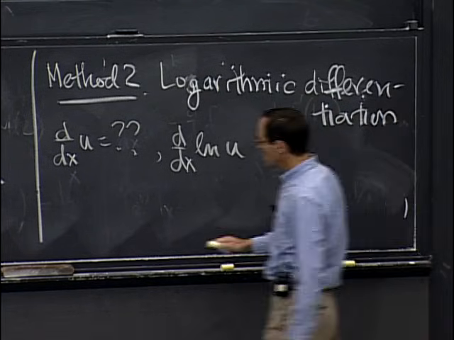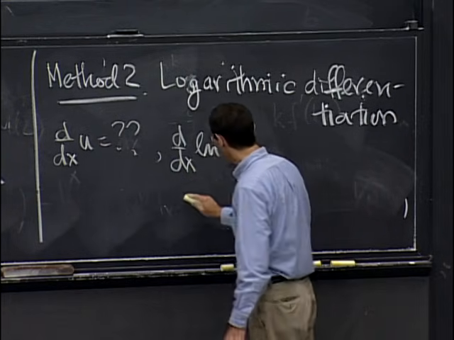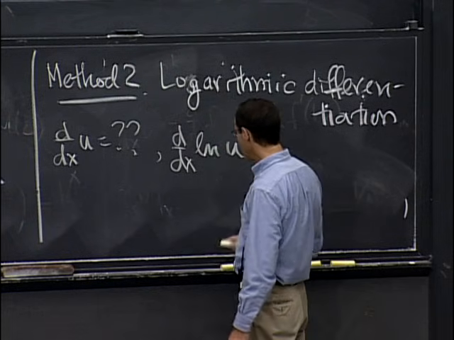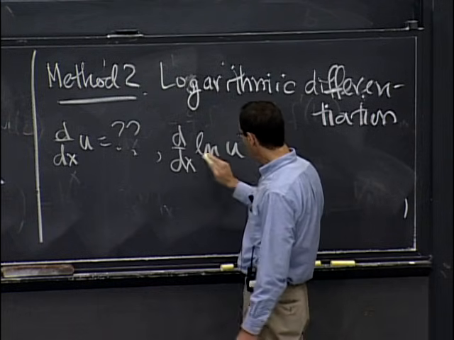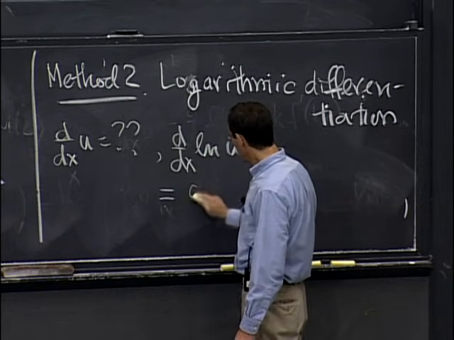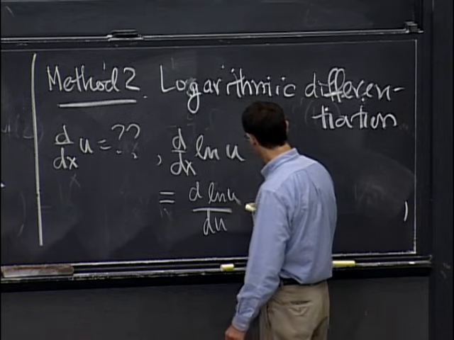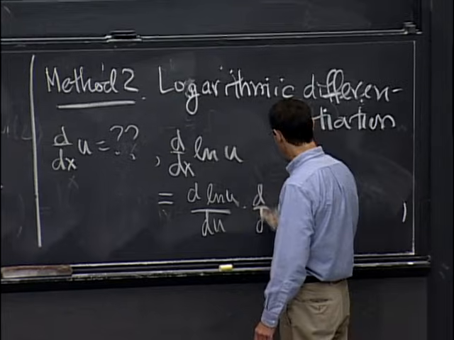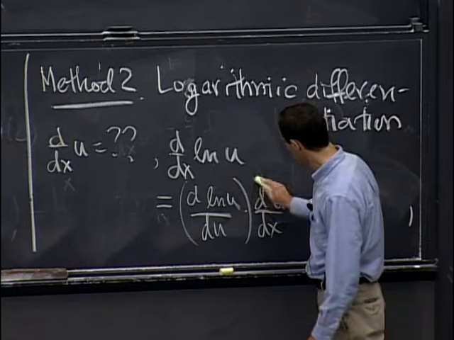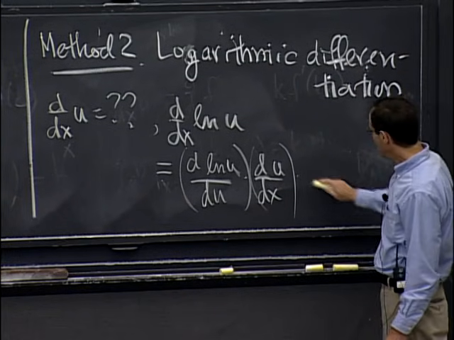So I'm going to write it a slightly different way. So let's write it in terms of primes here. So the basic identity is the chain rule again, and the derivative of the logarithm, well, maybe I'll write it out this way first. So this would be d of log u du times d by dx of u. Okay, these are the two factors. And that's the same thing.